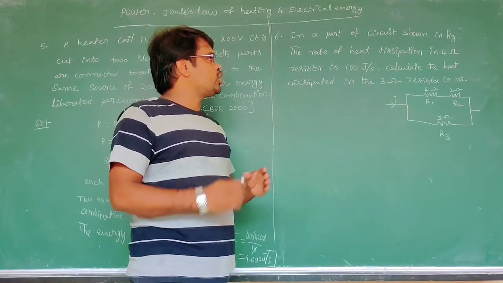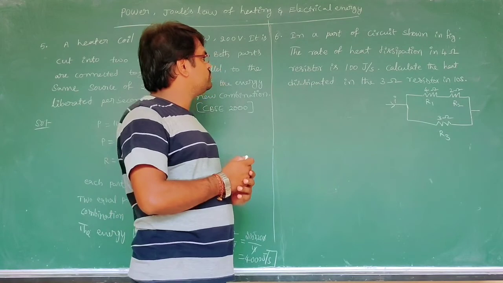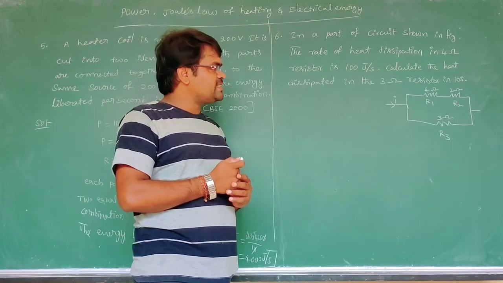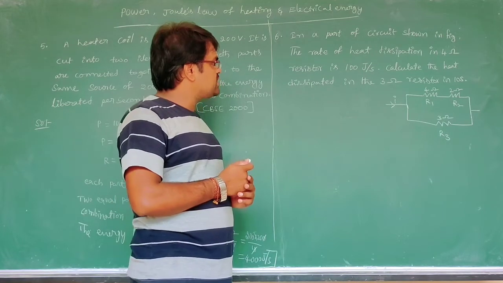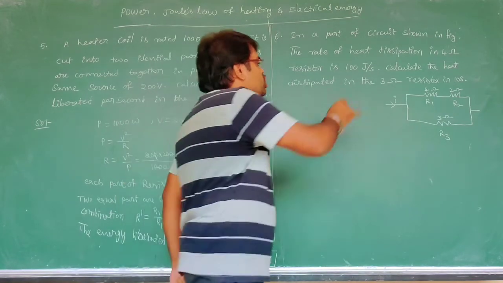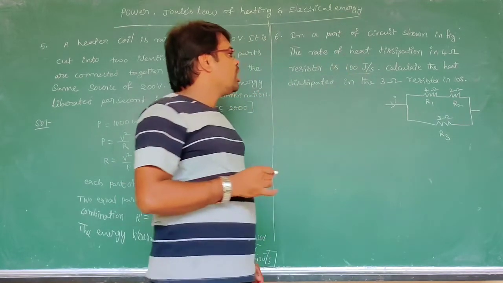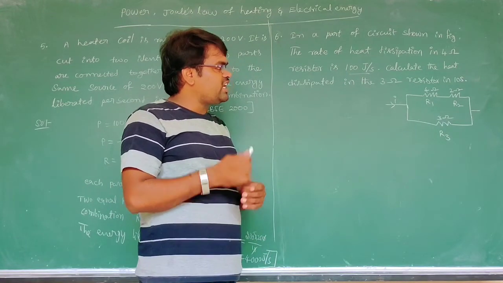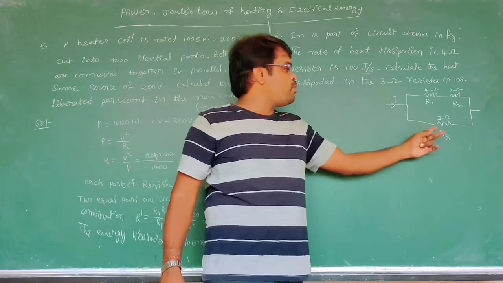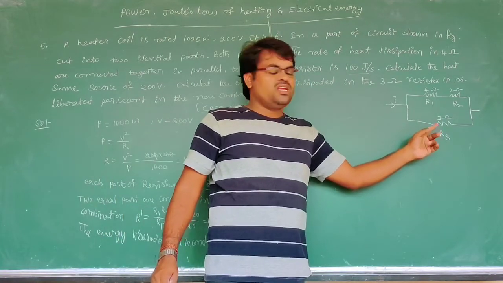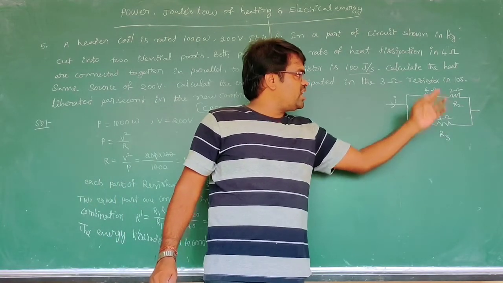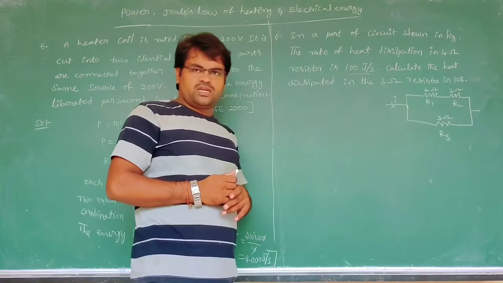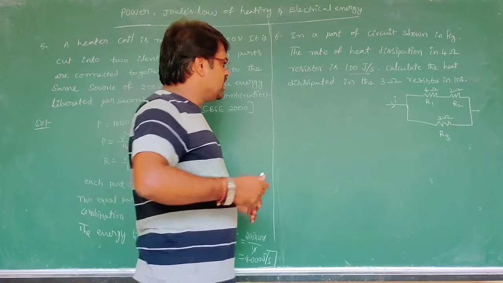In a part of the circuit shown in the figure, the rate of heat dissipation in the 4 ohm resistor is 100 joules per second. Calculate the heat dissipated in the 3 ohm resistor in 10 seconds. They are asking how much energy is dissipated in the 3 ohm resistor in 10 seconds, but they have not given the current. We are finding it.